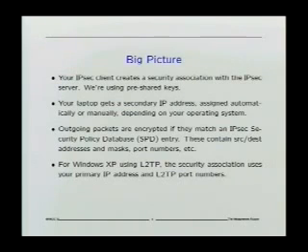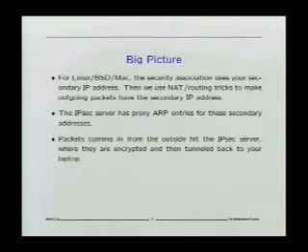Okay, so the way this works is packets leaving your laptop will match an IPsec security policy, and that policy, you don't need to know a lot about the details there. It works a little bit differently for the Windows and non-Windows users. Also for Windows users, we're using an L2TP tunnel encapsulation. For Linux, BSD, and Macs, we're using the IPsec tunneling features, so there's no other tunneling protocol like PPP or anything like that.